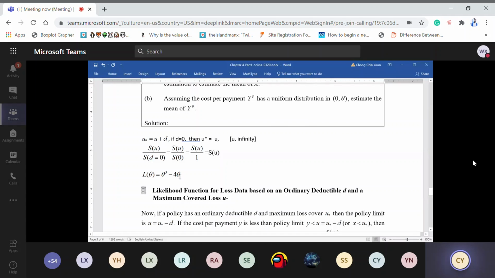Much more complex. So I prefer to differentiate straightforwardly. Taking dL d theta, this becomes 3 theta squared minus 4. When the first order equals 0, I solve the problem. I'm just assuming this. It should be negative, then only can you get the maximum.